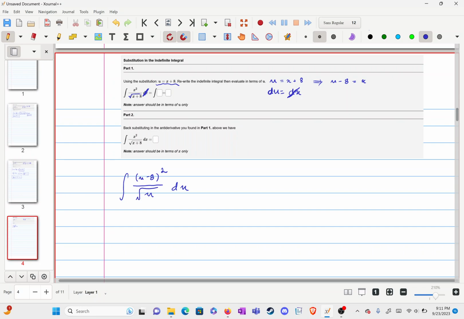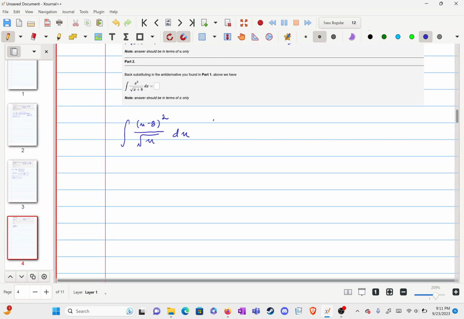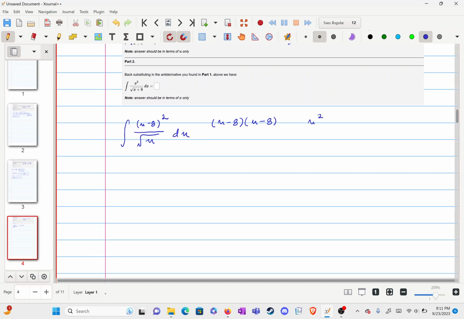It's going to be a little bit more difficult, but we're able to do that by just factoring out the square in the numerator. So let's start with that. That's going to be u squared minus 8u minus 8u, so minus 16u, and then plus 64, over square root of u.